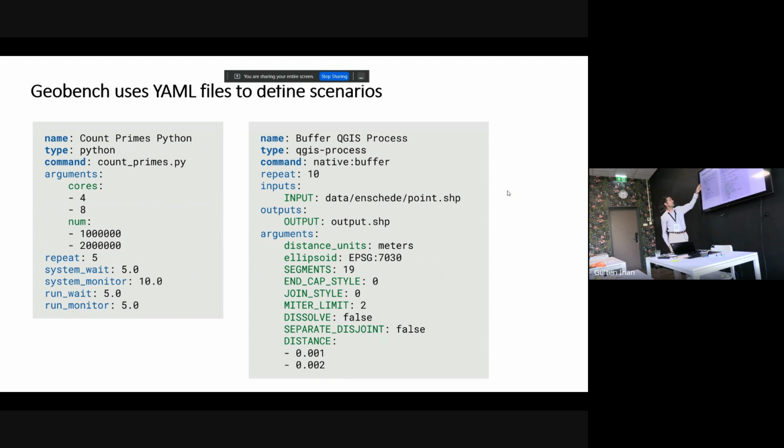In this example, we have 2 arguments, and for each of them, there are 2 parameters. That means there will be 4 different sets, each running 5 times. So we will have 20 runs that are automatically done by the system. Okay. You can indicate the inputs and outputs.